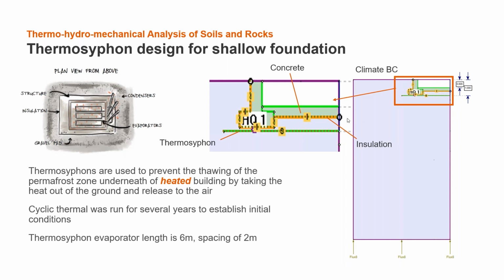And after that, the thermosiphon was installed 1 year before the construction of the foundation right here. And then the history points will be added underneath the foundation to monitor the temperature change over time. And the purpose of the thermosiphon here is to try to keep the soil underneath the foundation frozen at all times, or keep it permafrost.